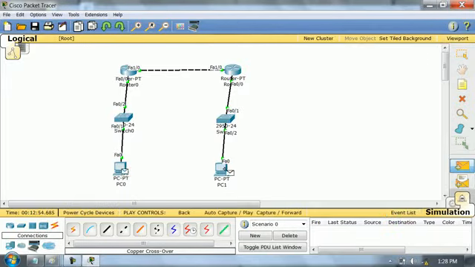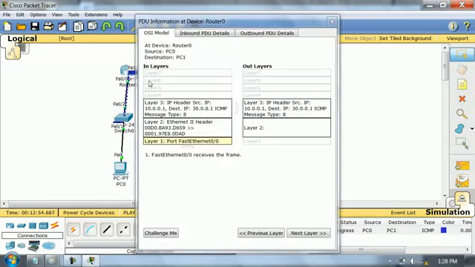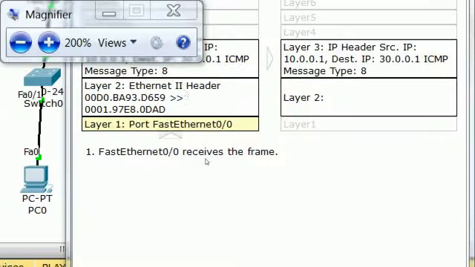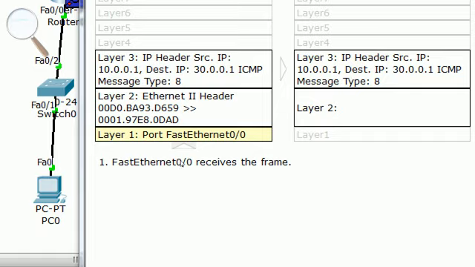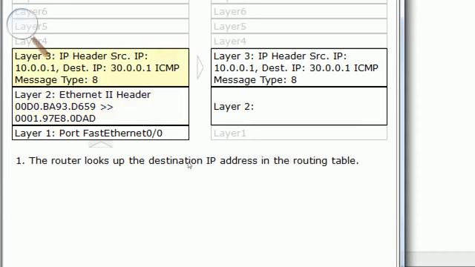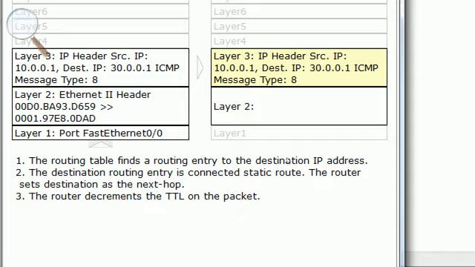Forward. Now, look here. Read this. R1: the frame destination MAC address matches the. After that, the destination routing entries are connected.